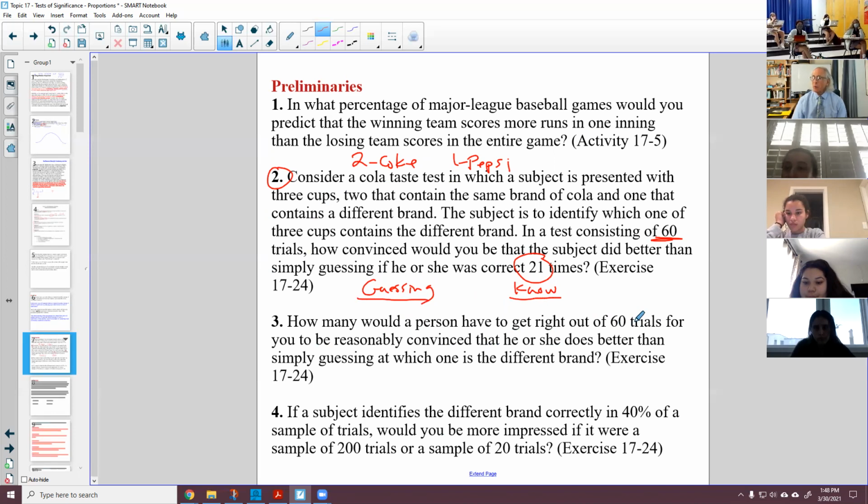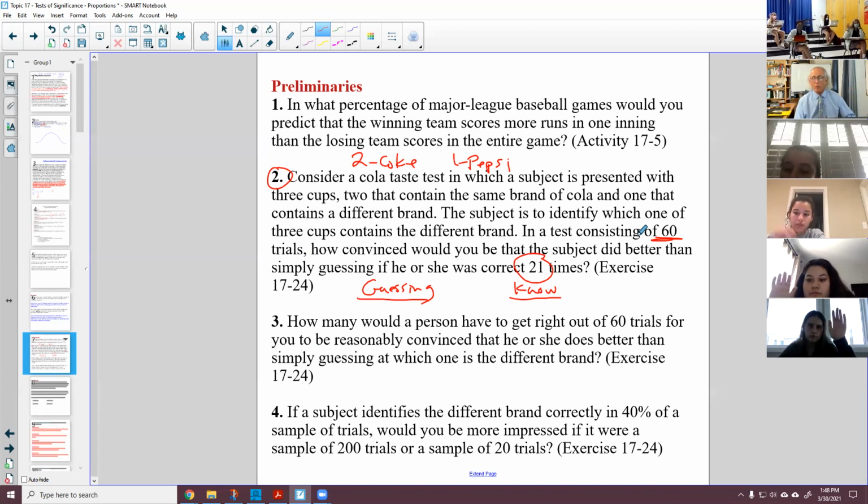Based on this, getting it right 21 times out of 60, how many people are convinced that they can really tell the difference? Like 0 are convinced, huh? So how many people think that the subject might just be guessing? So we have opinions on this.